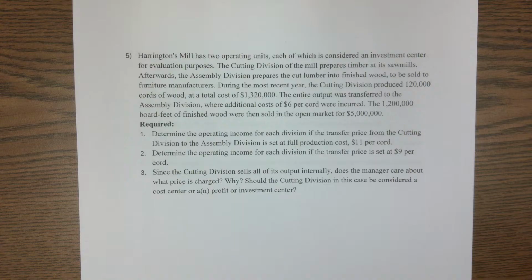Okay, determine the operating income for each division if the transfer price from the cutting division to the assembly division is set at full production cost of $11 per cord. All right.